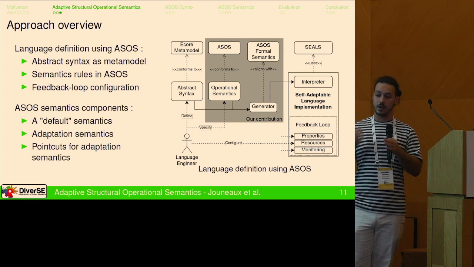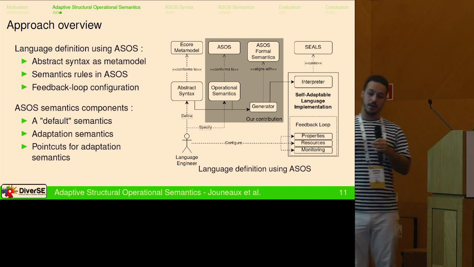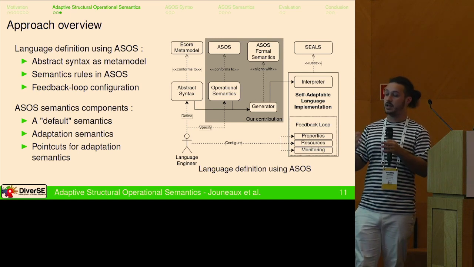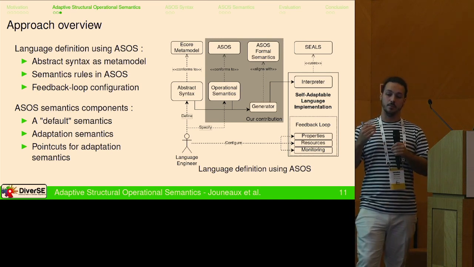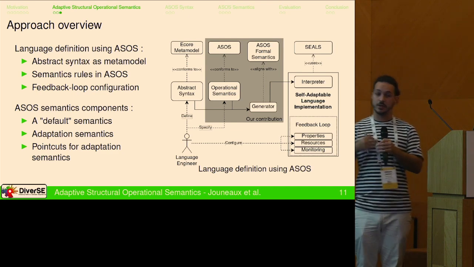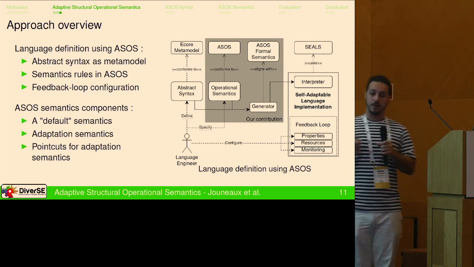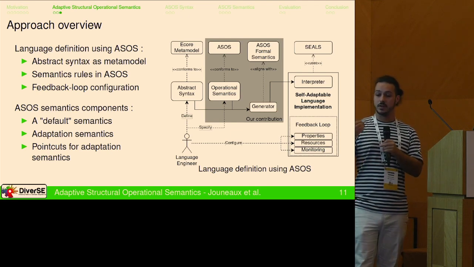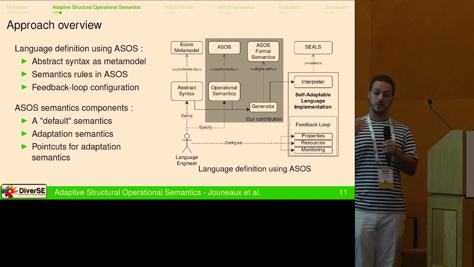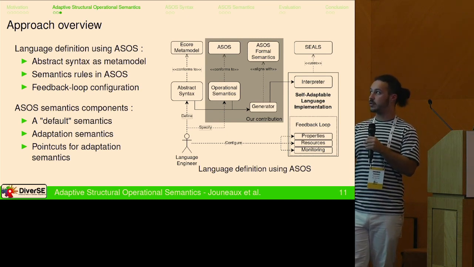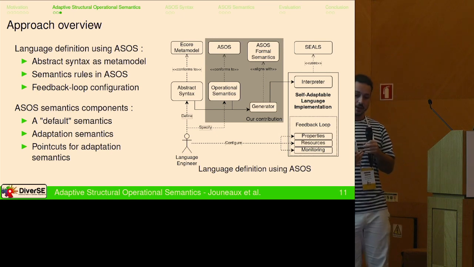So our approach is around the definition of the DSL, so the language definition using ASOS. You have to define mainly three things: the abstract syntax with a metamodel, your semantics rules with the ASOS meta-language, and you also have to configure the feedback loop by giving some properties of interest for the trade-off and resources.